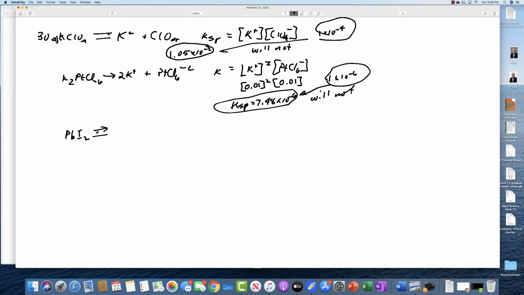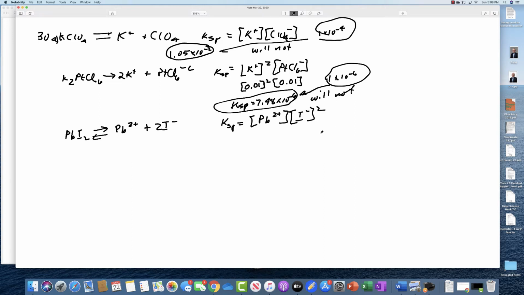Again, this goes to lead plus 2 iodide ions. The KSP here is going to be lead 2 plus times iodide squared.